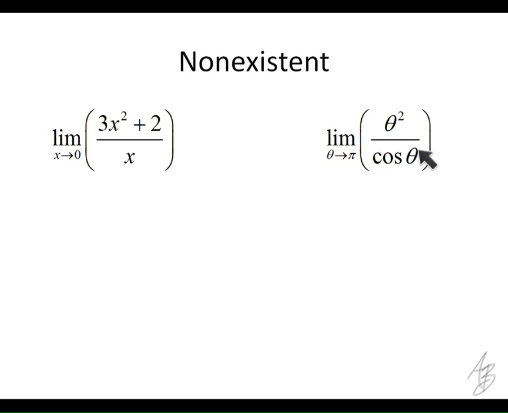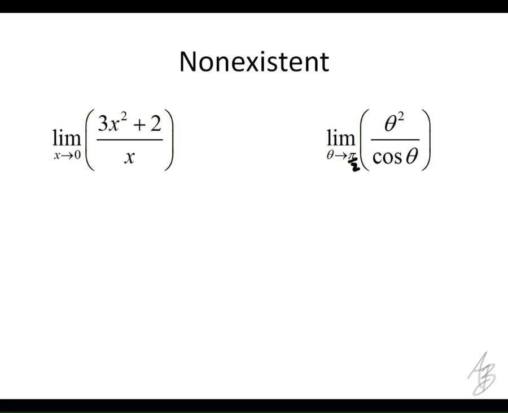If we look at this second one here, theta is approaching pi. So what are we going to get on top? Oh, this is a bad problem, isn't it? That's supposed to be pi divided by 2. There we go. Now it's a good problem. So what do we get on top?